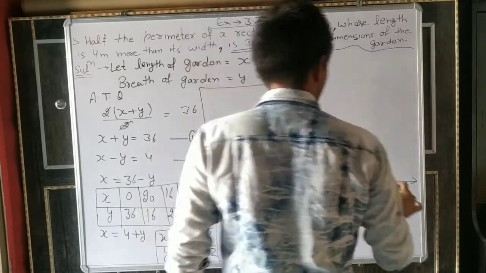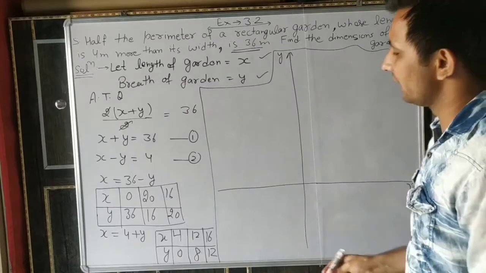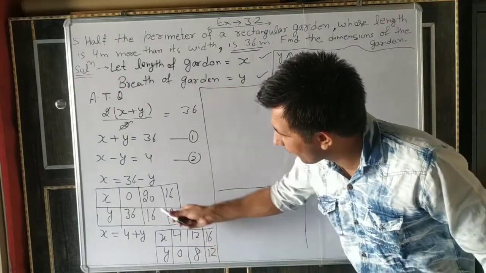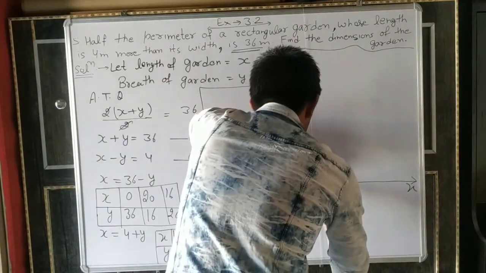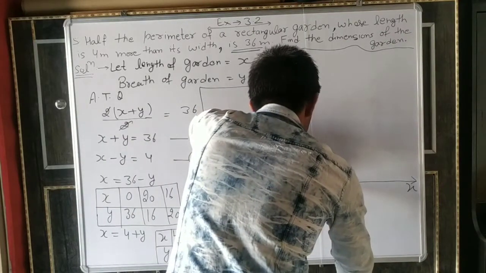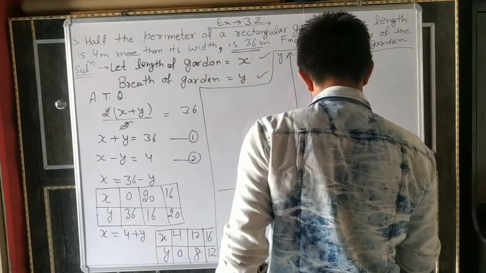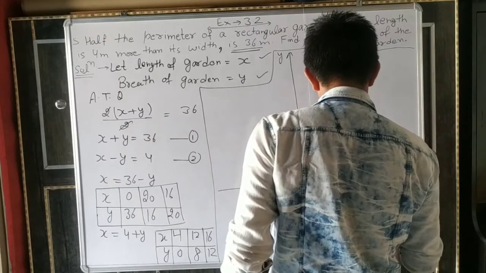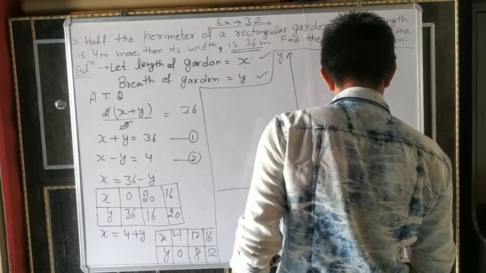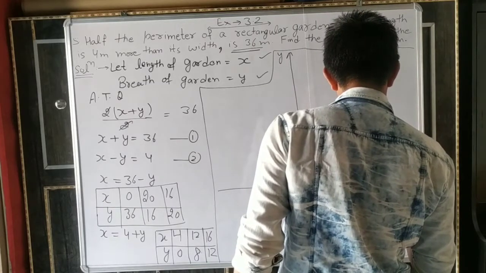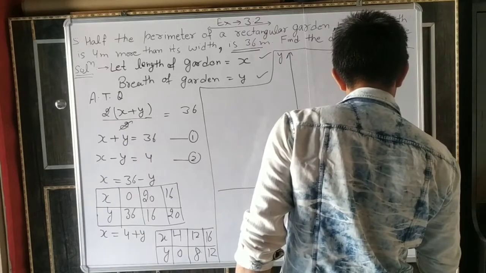This is y, this is the x-axis. What is x? X is length. We observe that all are multiples of 4, so you can take 4, 8, 12, 16, 20, 24, 28, 32, 36.